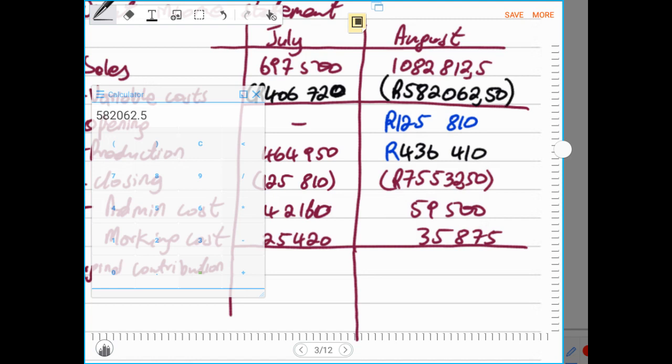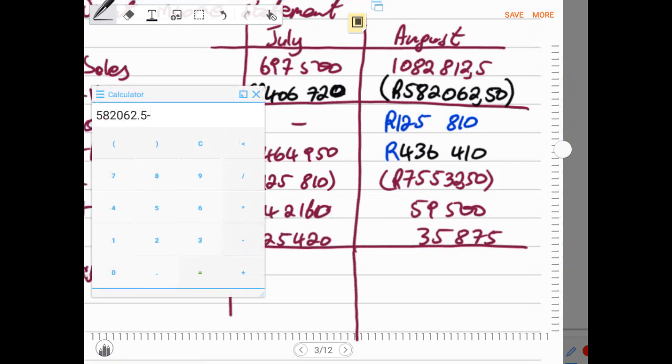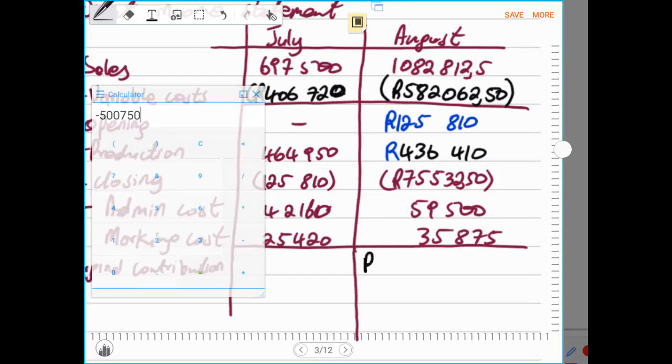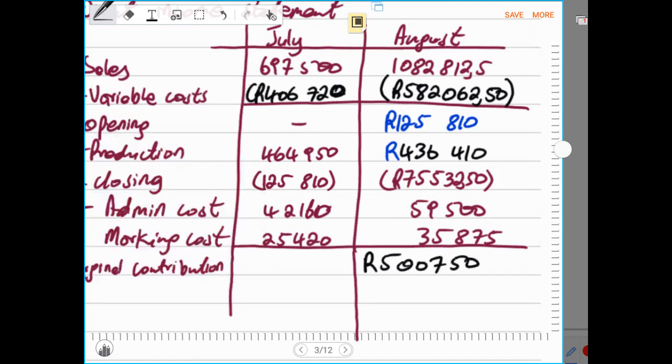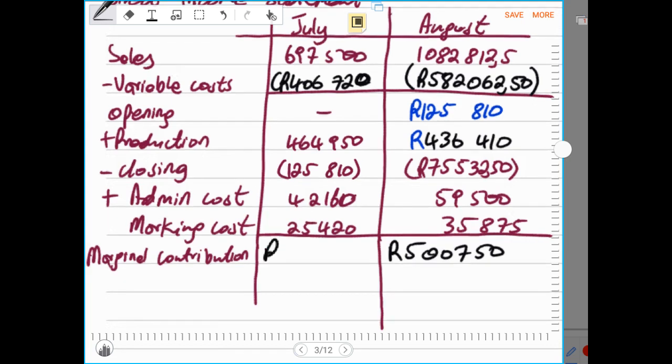Then with that, we can determine our marginal contribution. We'll say minus 81,812.5, and that gives us a total of 500,750.